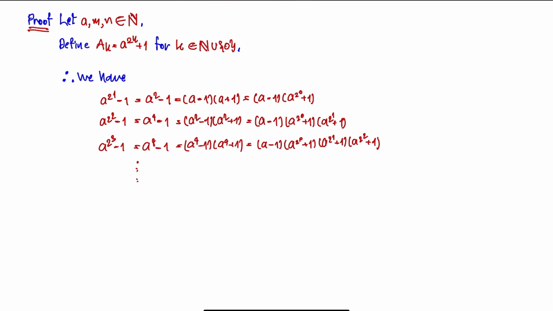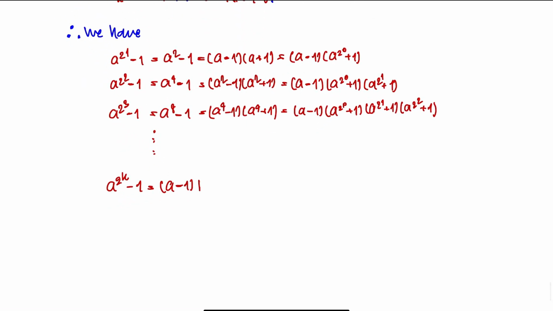Okay, it seems that we're going to have this formula. We're going to have a to the 2 to the k minus 1 equal to a minus 1 times the product of these terms. Let me write this product with the big pi, which denotes the product of consecutive terms. We start from i equal to 0 to k minus 1, because for k equal to 3 the last term has exponent 2.